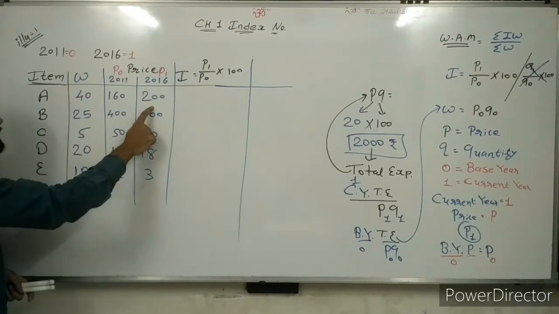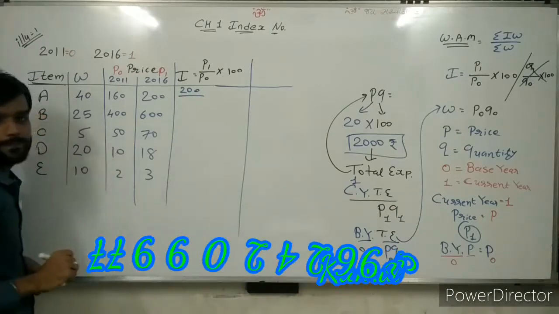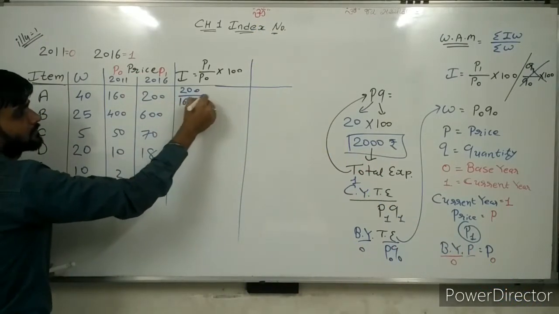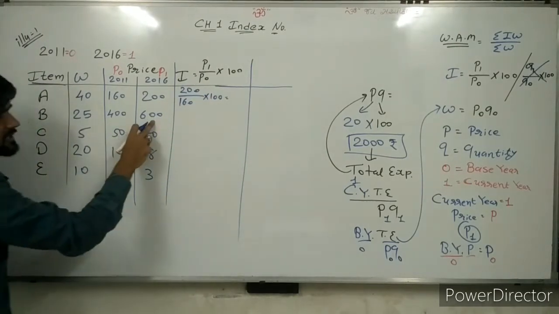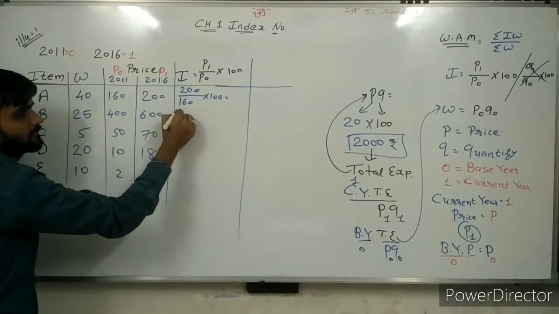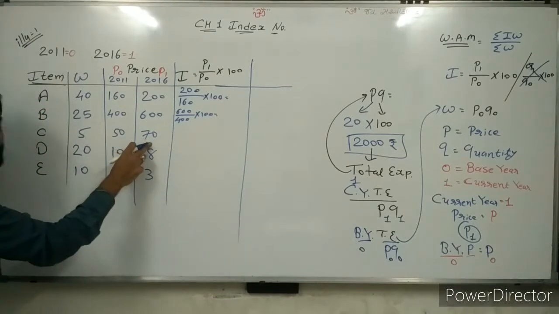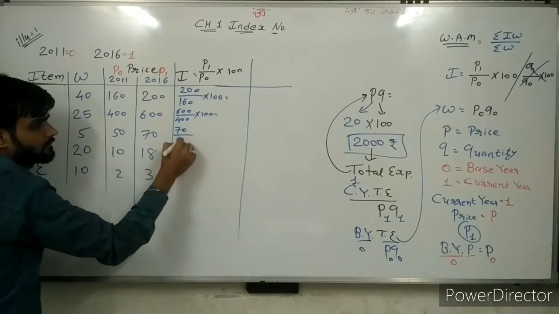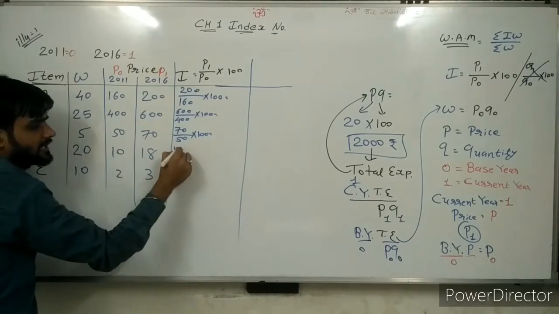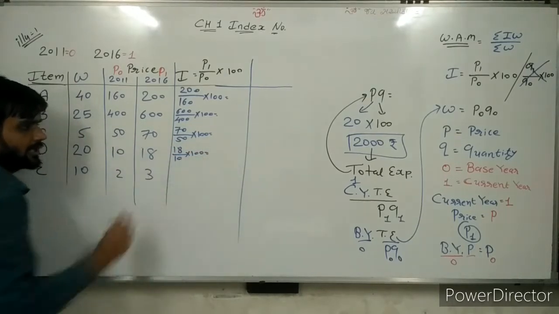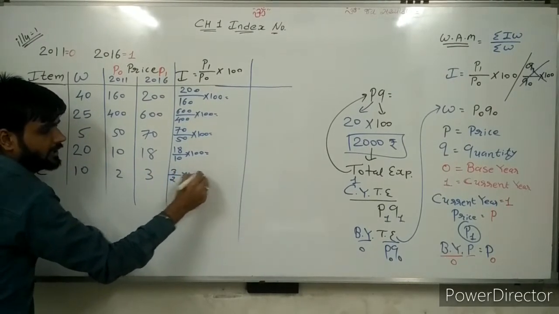So P1 is 200 divided by 160, into 100. Same way, 600 divided by 400 into 100. 70 divided by 50 into 100. 80 divided by 10 into 100. 3 divided by 2 into 100.